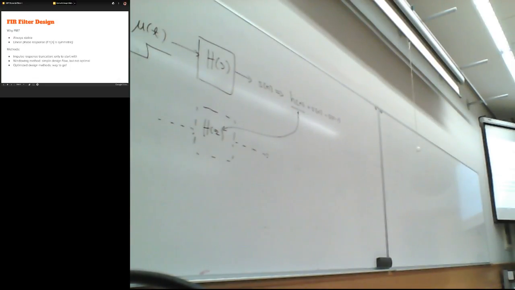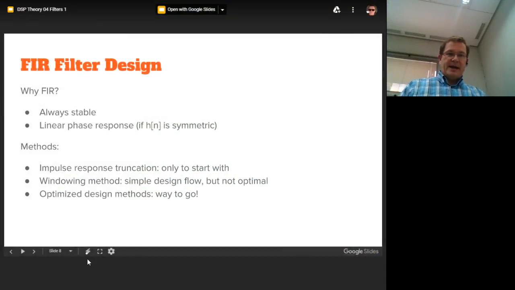Okay, good. So back to business. There, windowing method. I go through the windowing method more thoroughly there on the whiteboard. And then third one, optimized design methods. Okay, windowing method is a simple design flow, and it makes a lot of sense.